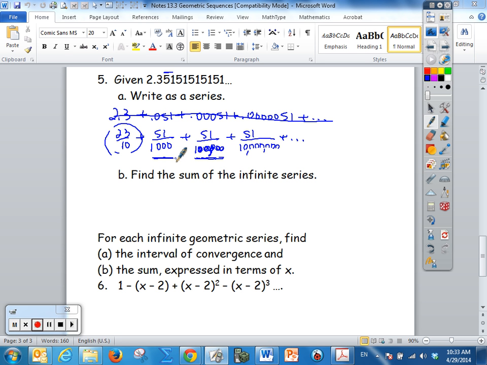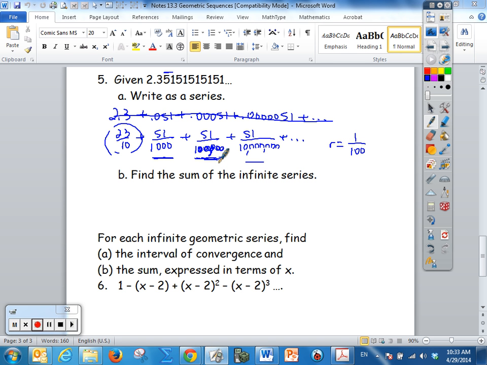Do that in your calculator, and you're going to get 1 over 100. So my R is going to be 1 over 100. I found that by simply dividing, this one divided by this one, or this one divided by that one, whichever you want to do.